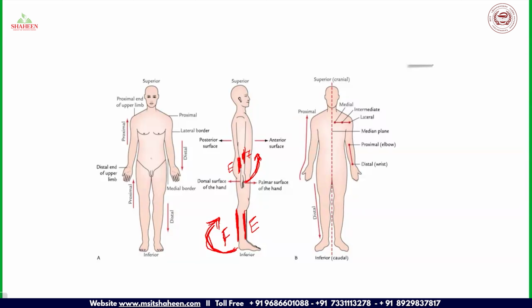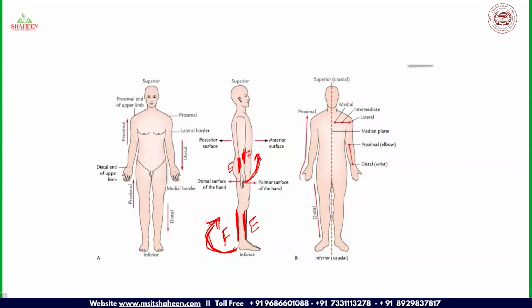This will be clearer when you learn the upper limb and lower limb separately. What is the significance? All the flexor muscles of the upper limb are seen at which aspect of the forearm? Anterior or posterior? Anterior, yeah, very good. All the flexor muscles of your forearm are placed at the anterior aspect.